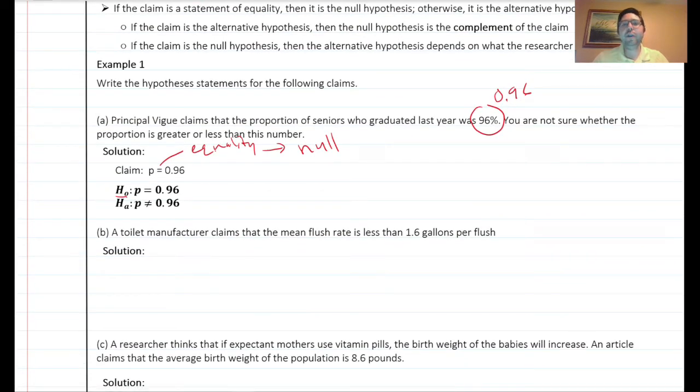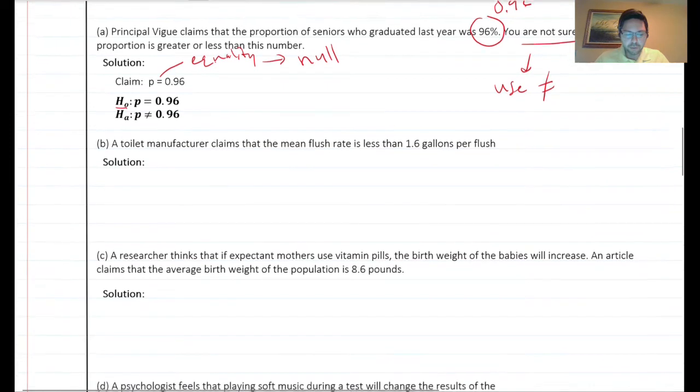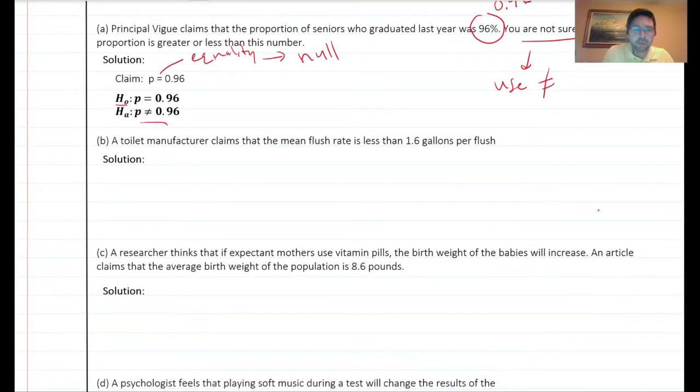You're not sure whether the proportion is greater than or less than this number. So if you're not sure, that means it could be greater than or it could be less than. So we use not equal to. So if you're unsure or they don't give you any information, then you're going to use not equal to, okay? So if they don't give you any information, that means not equal to.